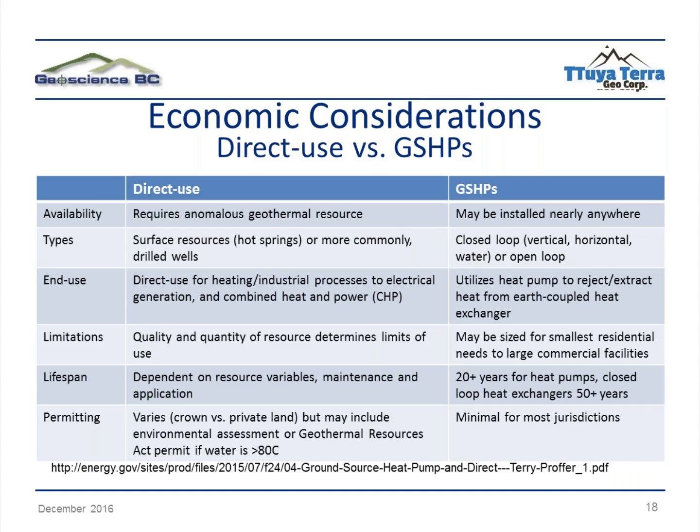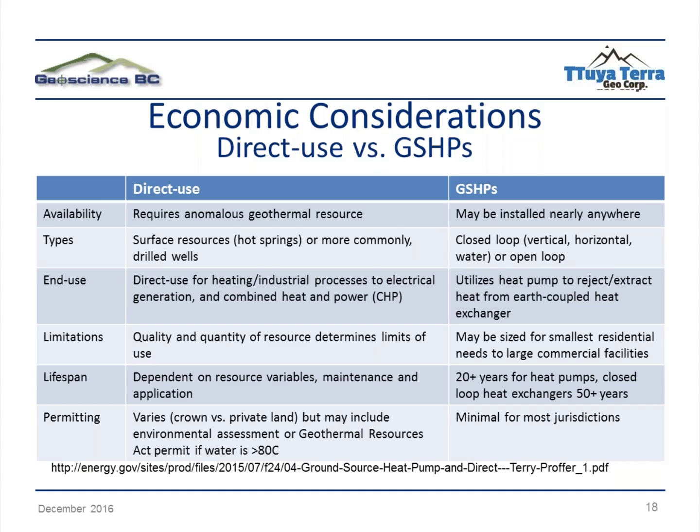And in terms of the limitations, well, for direct use, the quality and quantity of a resource really determines the limits of the end use. So really understanding your resource at the beginning to advanced stages and knowing the flow rate and temperature limits, that really drives how your system could be used at the end use. And for ground source heat pumps, they're actually very flexible.